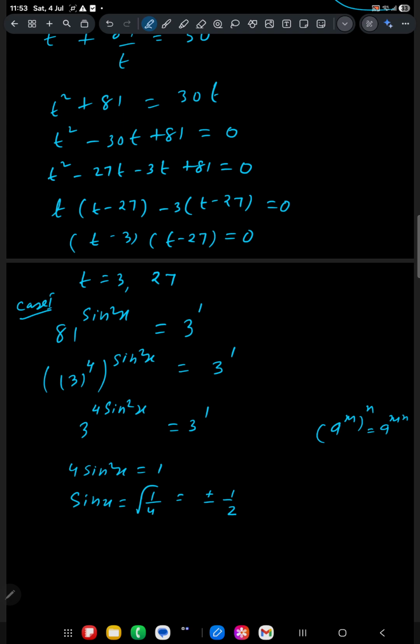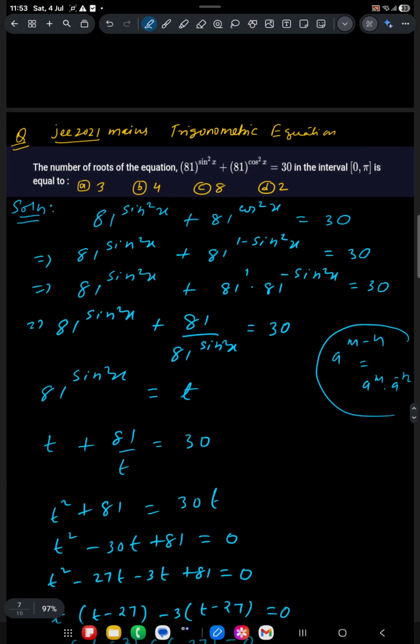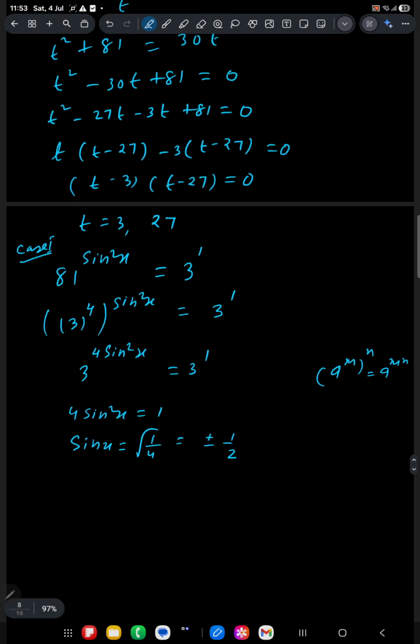Our range was 0 to pi. This was the range, can you see this? So in 0 to pi we have to find our angles. So sin x is plus minus half.